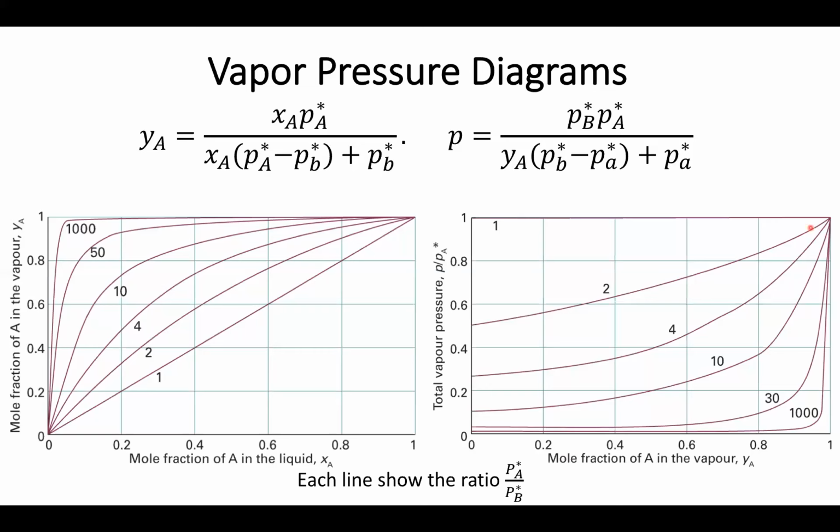And this is largely due to the fact that since A is so much more volatile, as I decrease its composition, it has kind of this uneven effect as it becomes more volatile. However, if they're equally volatile, what we find is that, well, as I decrease A, B is just as volatile as A, so they don't actually change the total vapor pressure. But again, this is hopefully a useful way of looking at the sort of controls that the volatility of A and B can have on the real composition of the system.